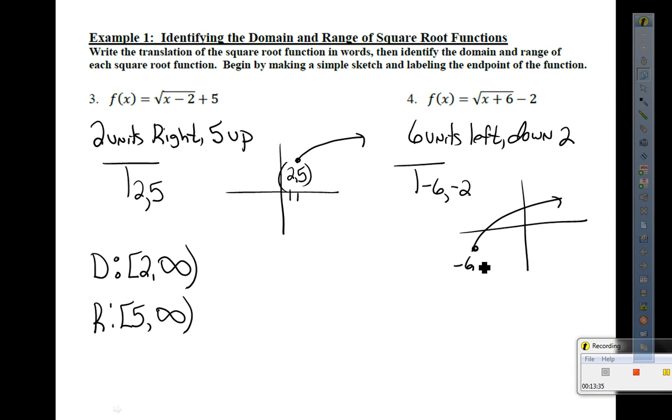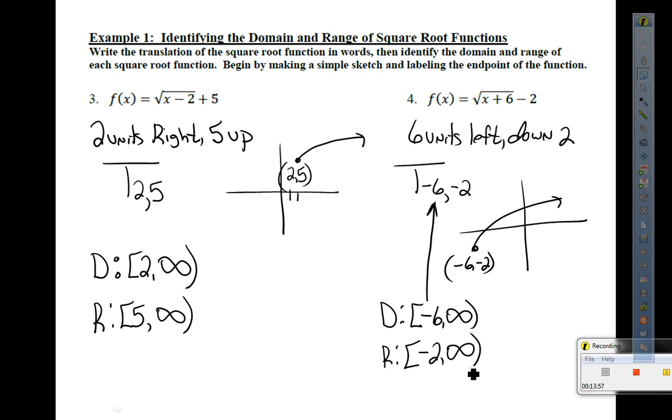So here's my starting point, -6, -2. That graph should help you get your domain. My domain is going to start at -6, and it's going to the right. Notice that number right there. My range is already down 2 units, and it's going up. So there's the first piece of it, guys.